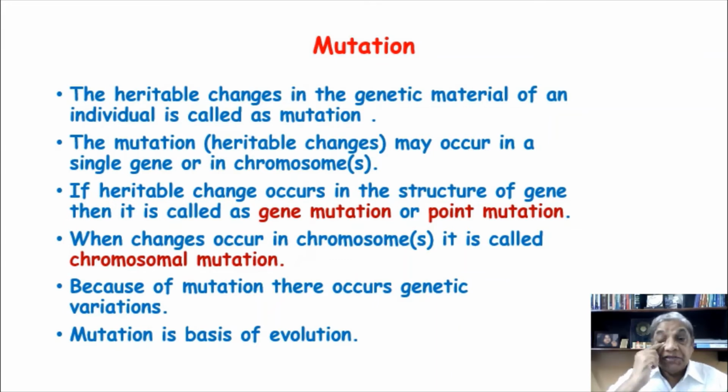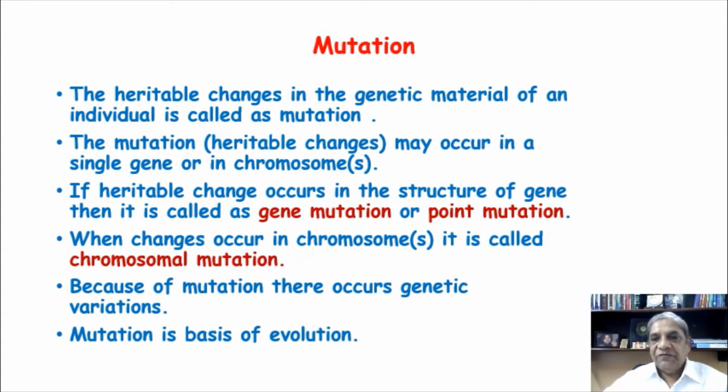It is a part of the DNA molecule, the double stranded helical structure of DNA, and a part of it will be a structural gene, as you must have learned in your biochemistry classes. So if these heritable changes occur in the structure of a gene, this is called genetic mutation or point mutation.